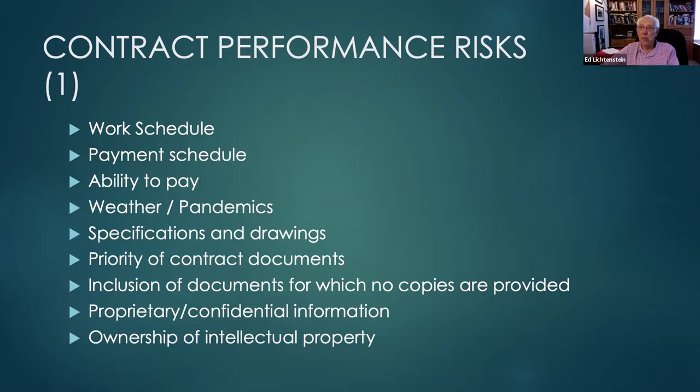The ownership of intellectual property. You're providing a software update. Who owns it? Who owns the program which you're providing? You, who invested all your time, or whoever it is that you're providing it to? That should be clear. If you're developing a computer program, an app, you want to make sure that all you're doing is licensing it so that you can continue to license it.